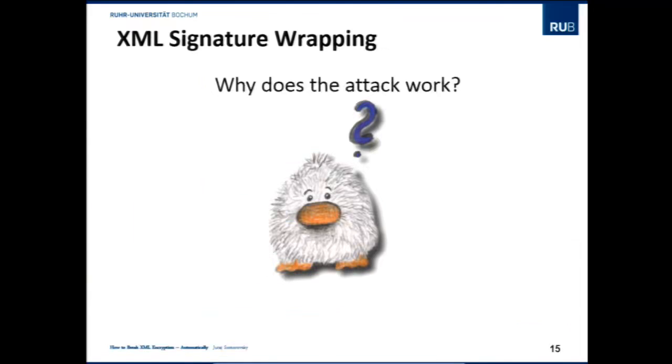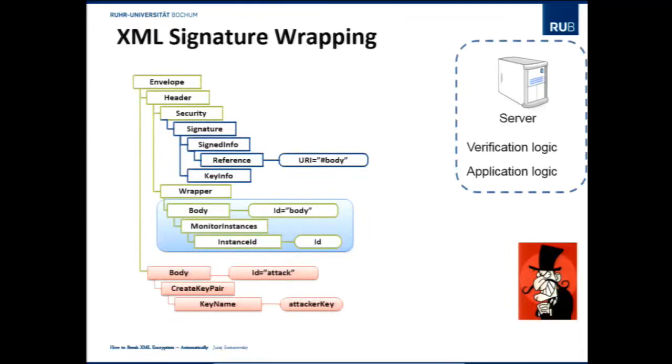So why does the attack work? Let's take a look at the message processing. Typically, the servers consist of two logics. There's a verification logic for XML signature validation, and there's an application or business logic for the message invocation.